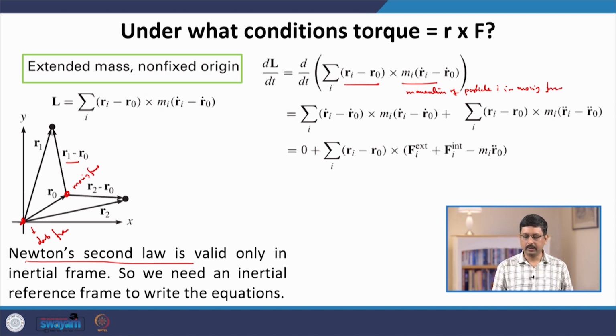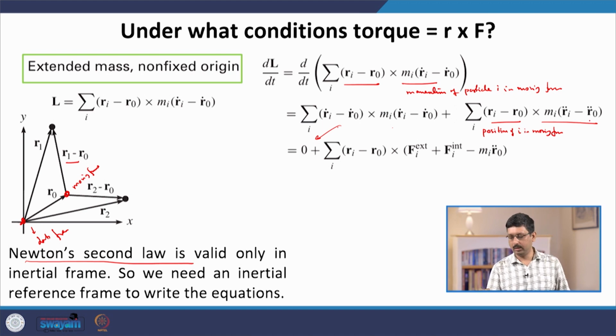So, we have to calculate the time derivative, and as before we get two terms. The first term will be the velocity times momentum in the moving frame, so it is 0. The second term is the interesting term, which is the position of the particle i in the moving frame times the derivative of the momentum, and the derivative of the momentum now has two terms.